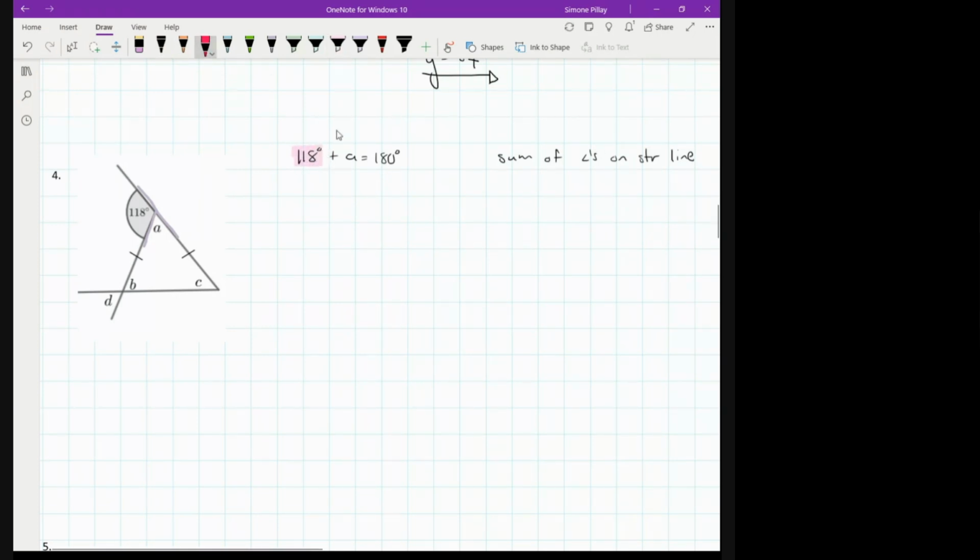It needs to go. We transpose. We have a is equal to 180 minus 118. So a is equal to 62. Beautiful. And now we know this is 62.